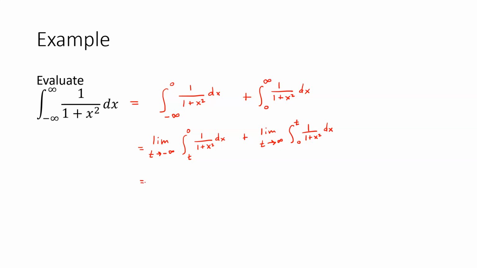So this is 1 over 1 plus x squared. We know that integral is tangent inverse, here evaluated from t to 0. Here the same integral, so tan inverse, in this case evaluated from 0 to t.